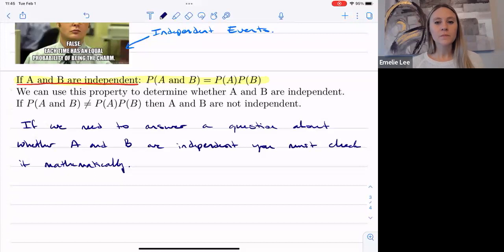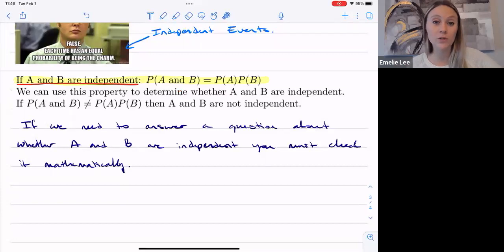Okay, so that's just good to keep in mind. Another word of warning is that this calculation only works if they're independent. A lot of people want to just go ahead and use this to find the probability of A and B without knowing if they're independent or not.